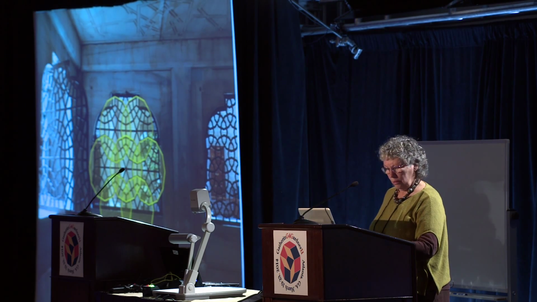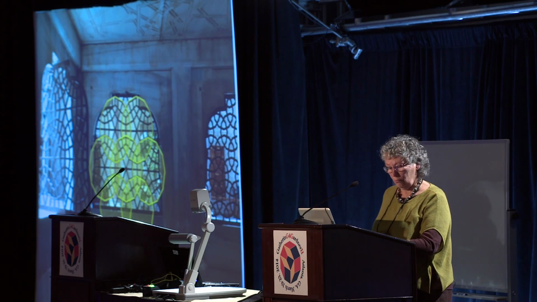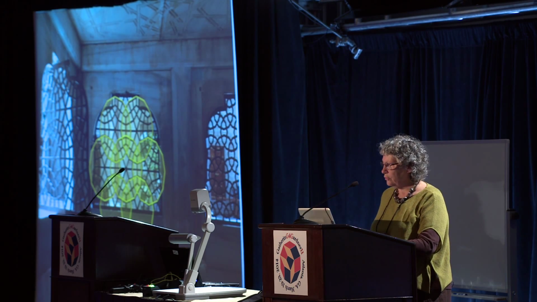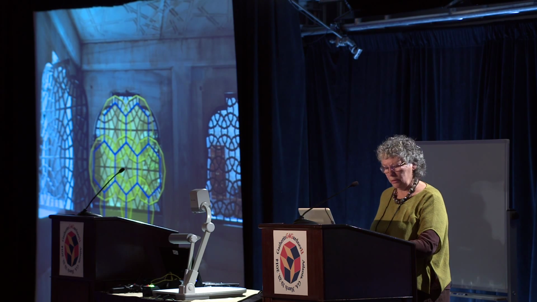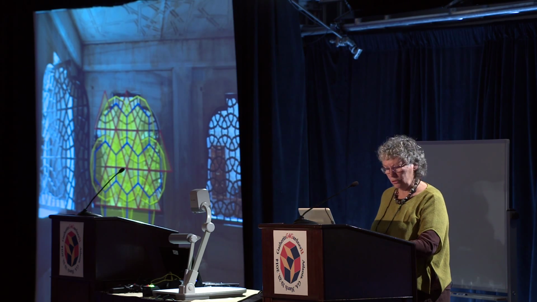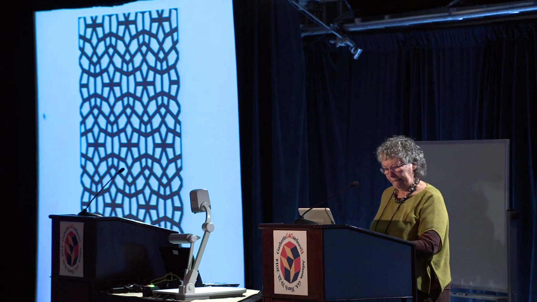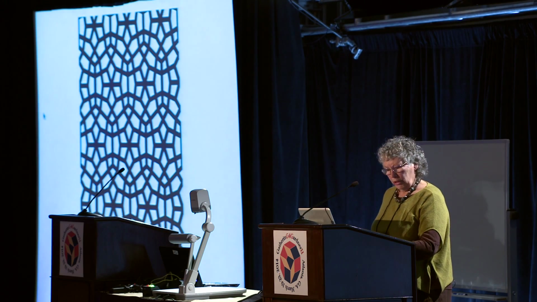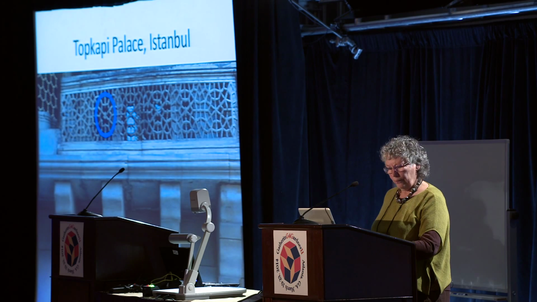A network, wait, let me go through this. There you see the intersecting dodecagons with the hexagonal grid and the equilateral triangle grid, and a variant. Network of dodecagons in a square grid, and finally intersecting nonagons with a hexagonal grid, and two more examples.